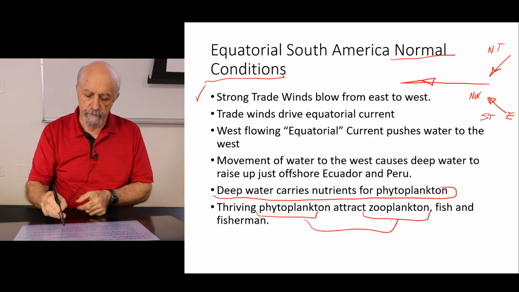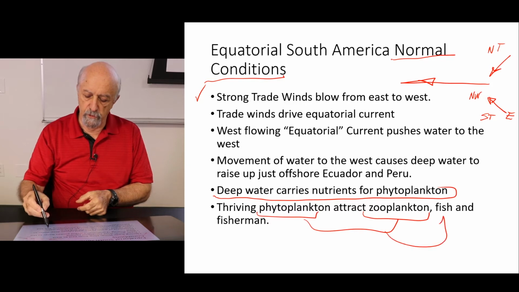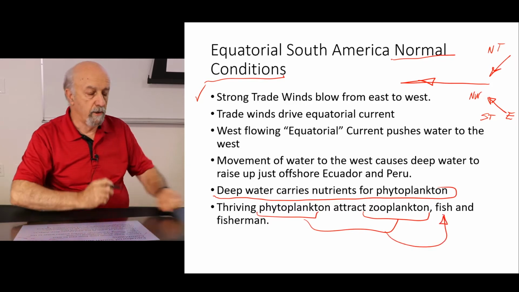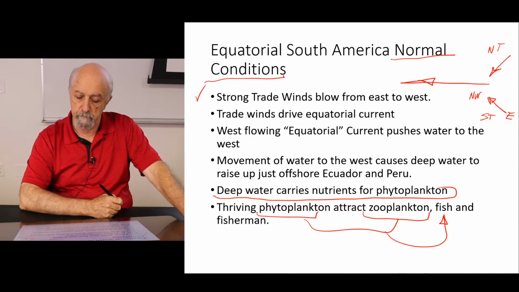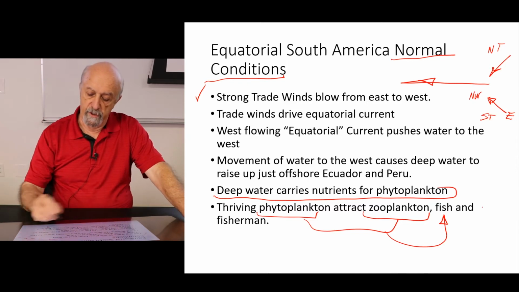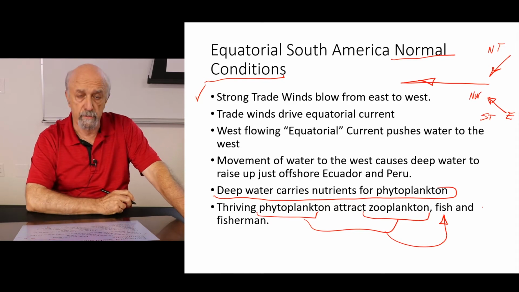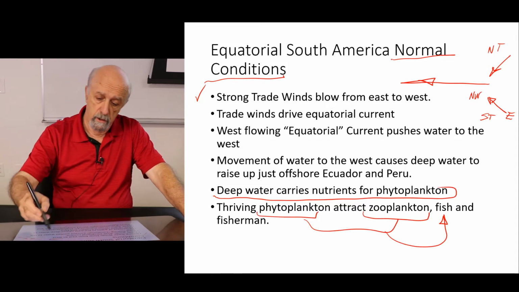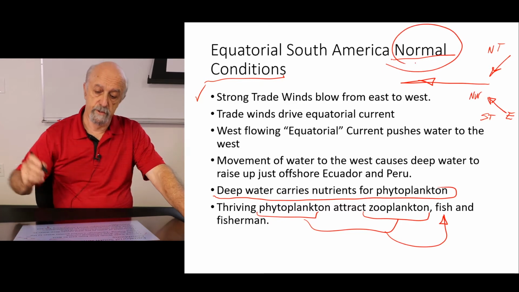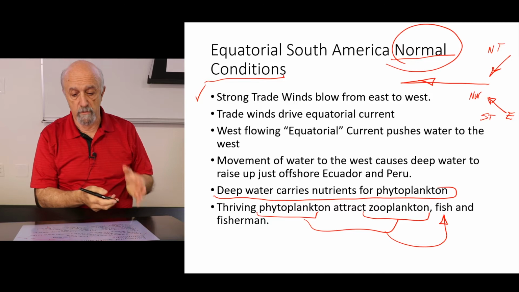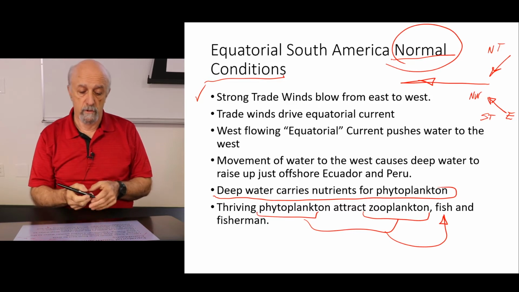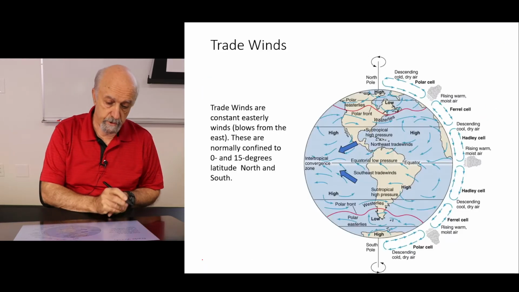These two things are quite good to produce a really good biomass to be considered in the fishing area. So fishing and the fishing industry happen to be quite well during normal conditions. Okay, so you're going to see that it is absolutely the opposite when we go into the El Niño conditions.